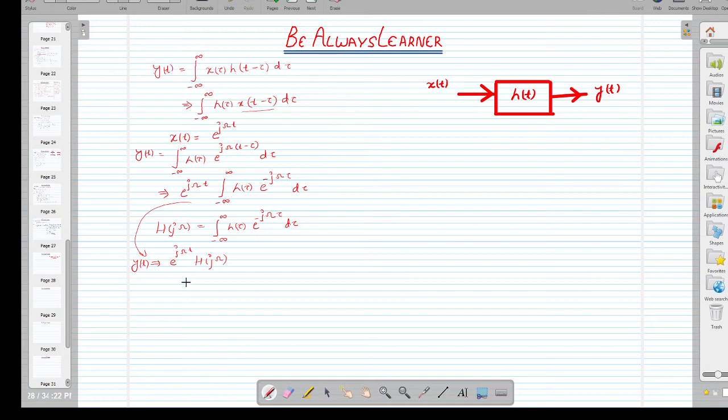Now e raised to the power j omega t, here we can call it the eigenfunction of the system, and H(j omega) is called the eigenvalue.